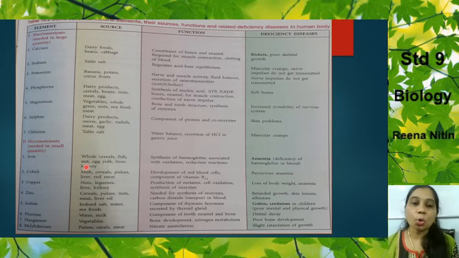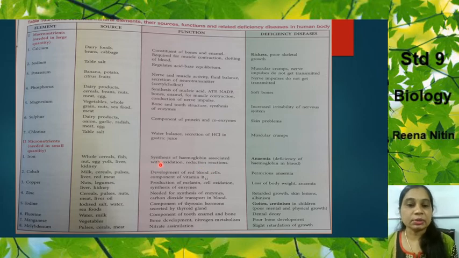Now iron: whole cereals, fish, nuts, egg yolk, liver, kidney beans. It is needed for synthesis of hemoglobin, associated with oxidation and reduction reactions taking place in the cells of the body.